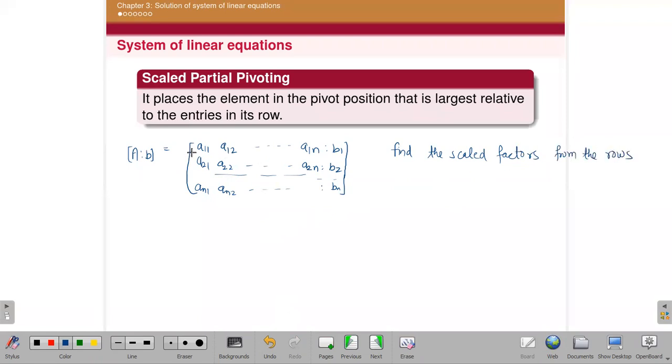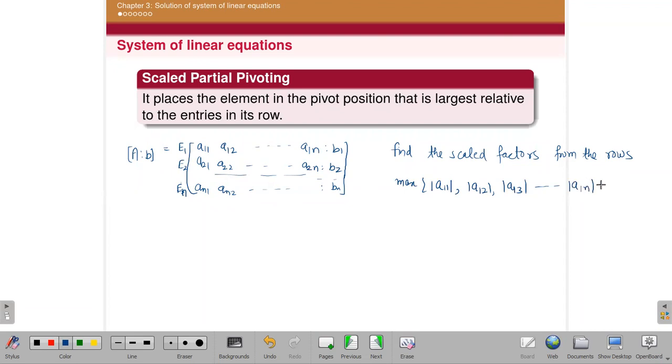First we pick up the first row and choose the largest element in it, then from the second row, then from the third row, and so on. We take the absolute value only. So we take the maximum of A11, A12, A13, up to A1n.